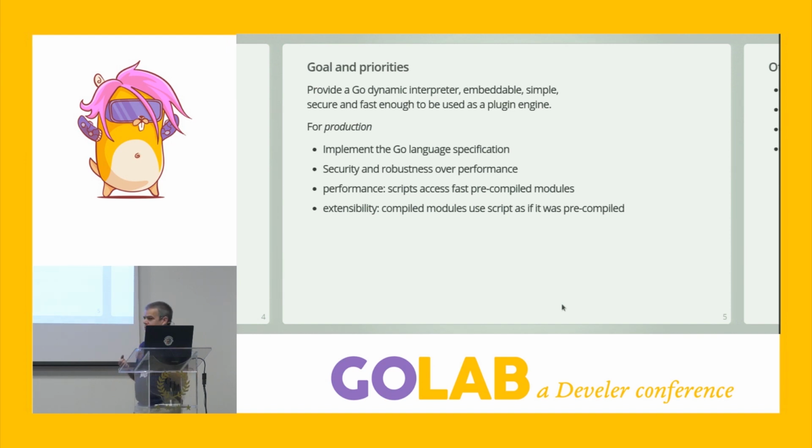To me, it really changes the way we can use Go. When we use an interpreter inside an application, it's as if we are embedding the whole runtime, the standard library, but also the Go toolchain inside the application. So it really changes the power that you are providing to the application.